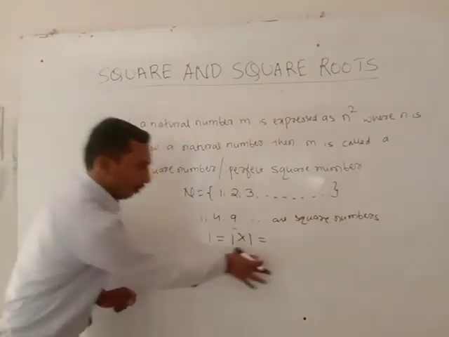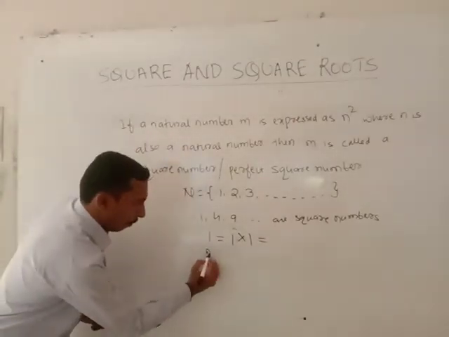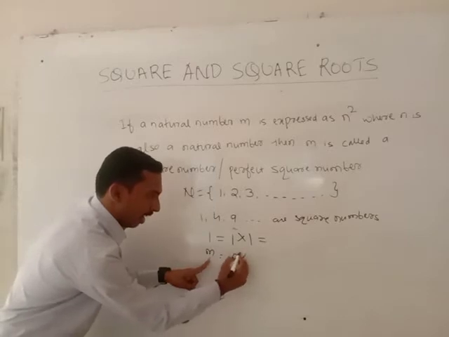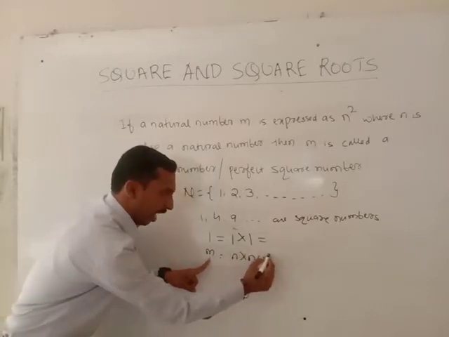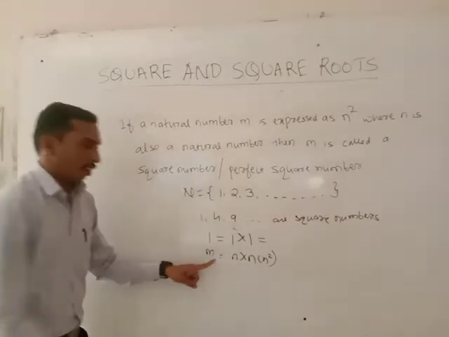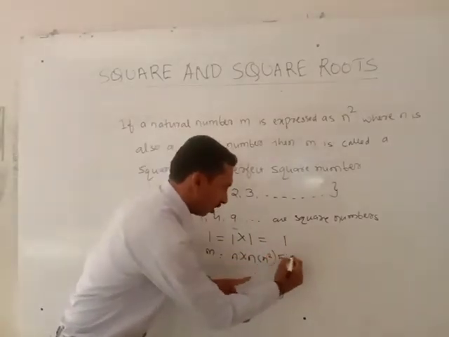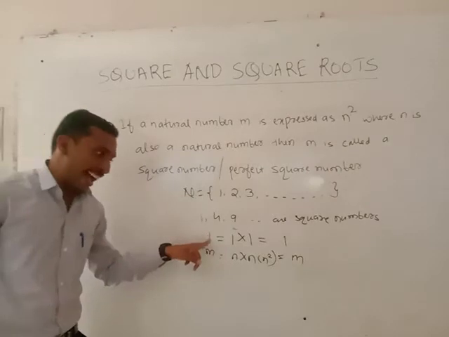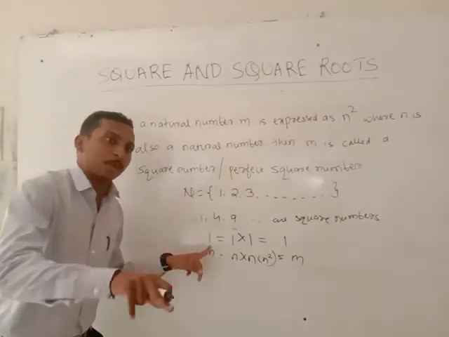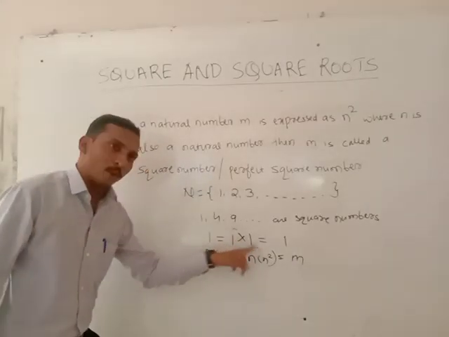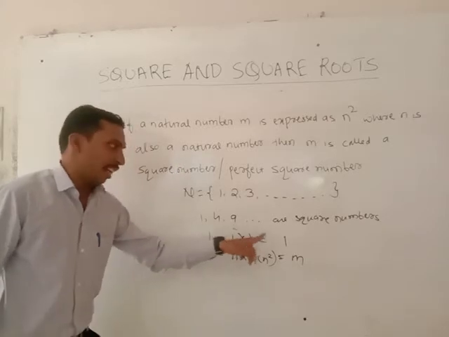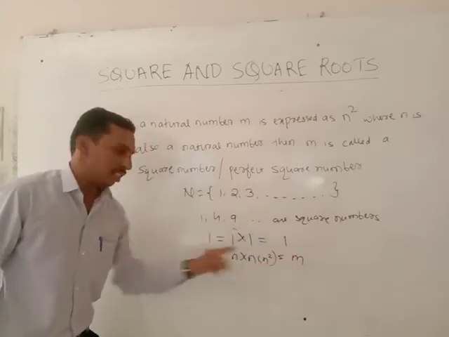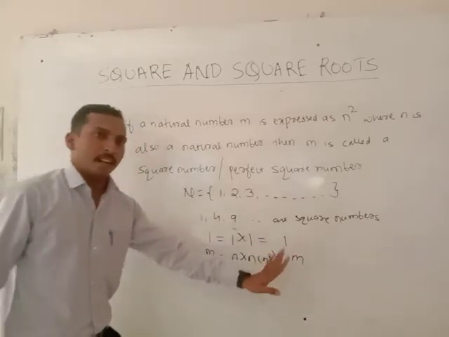So here m can be represented by n into n, which is nothing but n square. If any natural number m can be expressed in terms of n square or n into n, then that m is called a square number.